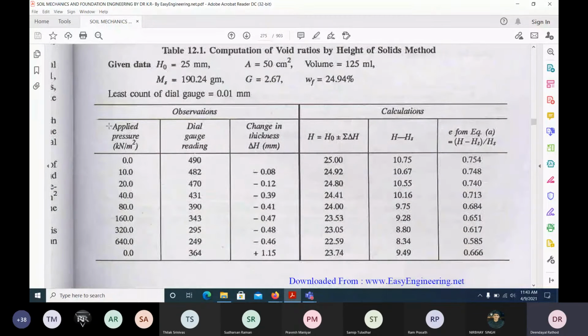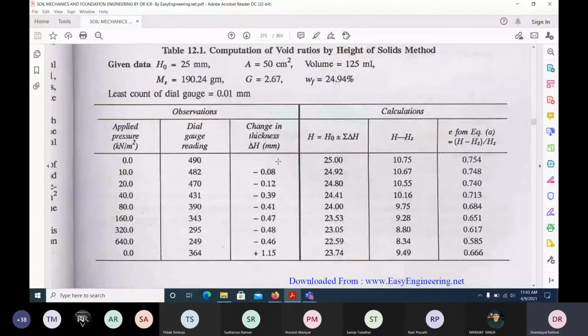There is a beautiful example given in a tabular column. Now let us look at this table. Here the applied load is 0, 10, 20 kilonewton per meter square. We are increasing the load here, then observing the dial gauge reading. The dial gauge readings are 490, 482. The least count of the dial gauge is 0.01 mm. So how can we find the change in thickness?